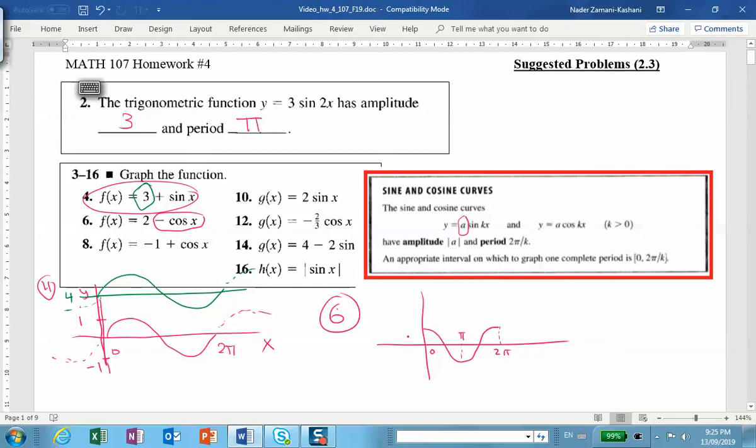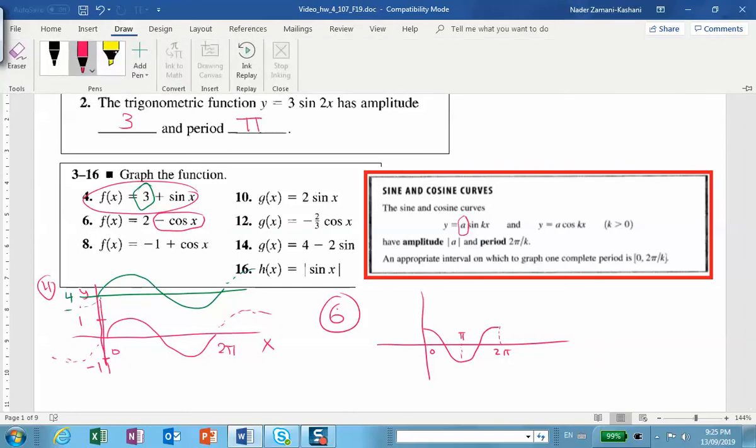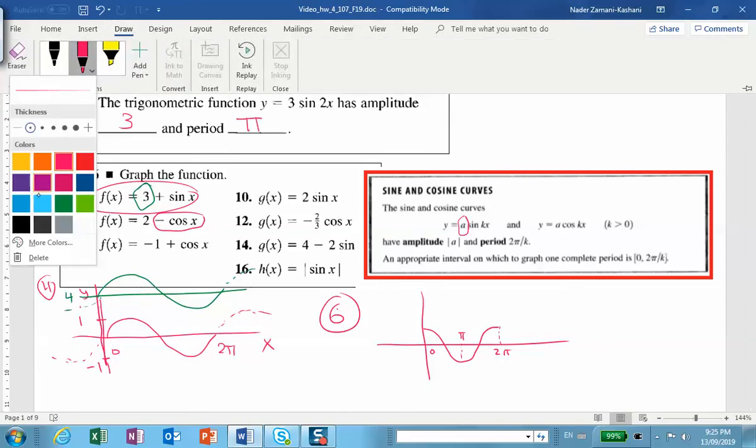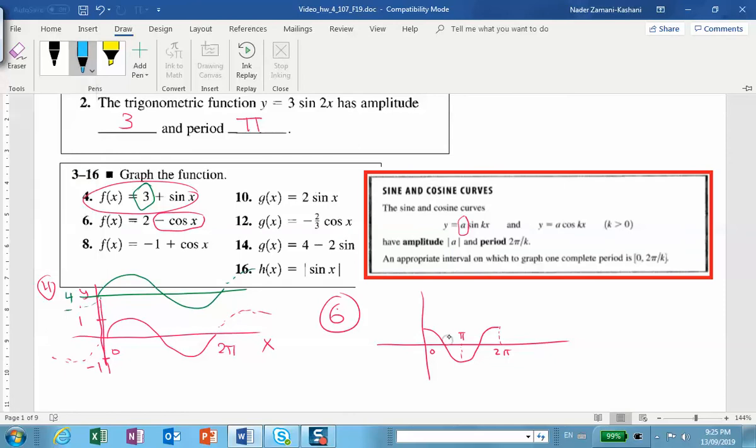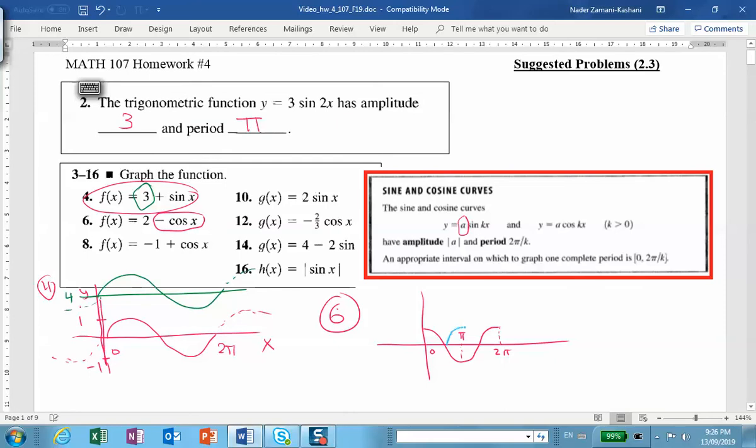Let me use a different color here, say blue. So everything is reflected like this. And then because you're adding 2 to it, you raise the whole thing by 2. So remember, this is a 1, this is a minus 1.